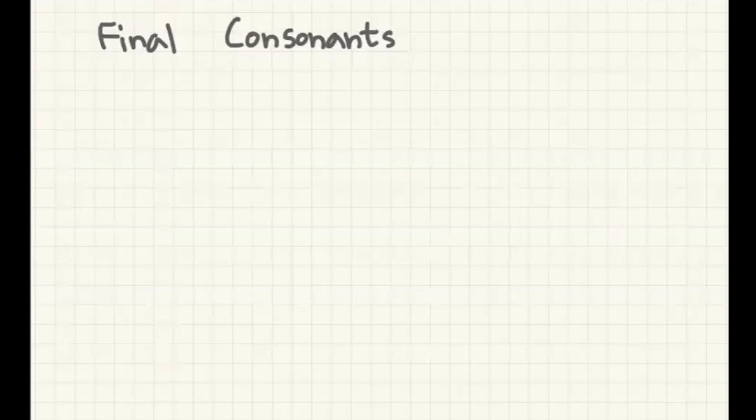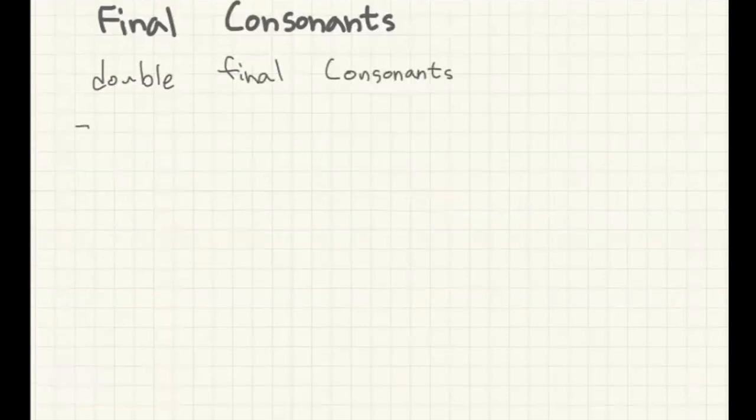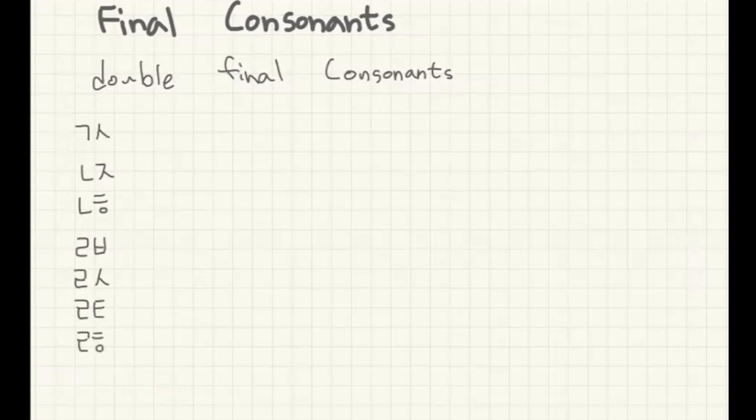Here, double final consonants. 그, 스, 느, 즈, 느, 흐, 르, 브, 르, 스, 르, 트, 르, 흐, 브, 스.